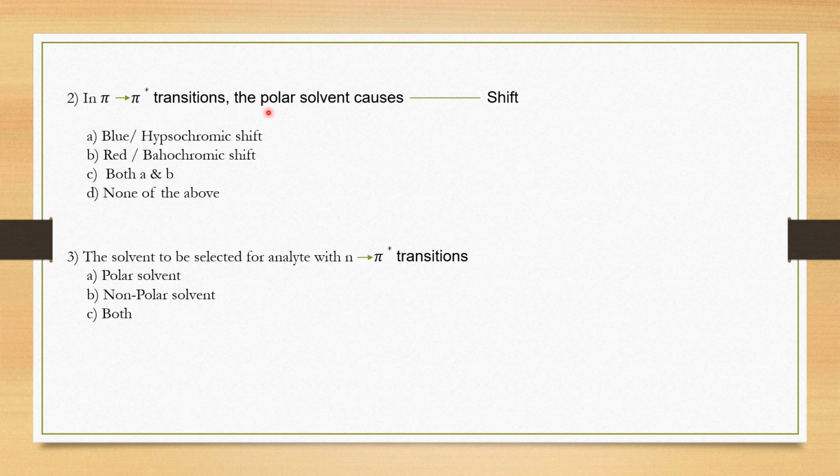In pi to pi star transitions, the polar solvent causes red or bathochromic shift as the polar solvent stabilizes LUMO due to dipole-dipole interactions.